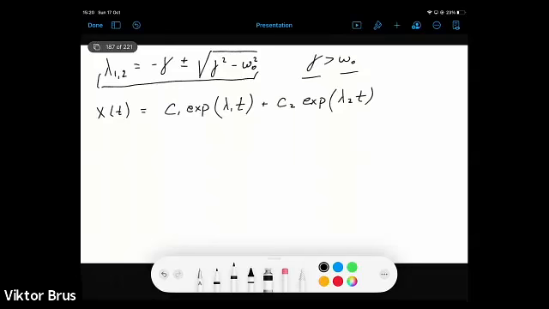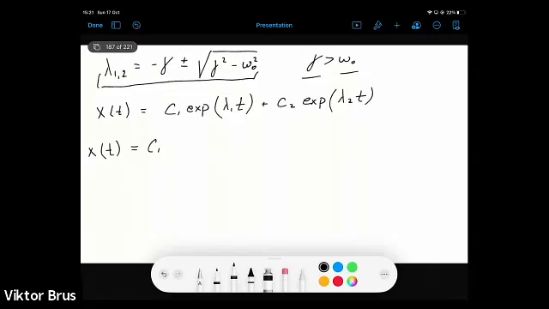We can write, instead of lambda 1 and lambda 2, the corresponding expressions, so let us do it to have the full form of the solution of our differential equation.